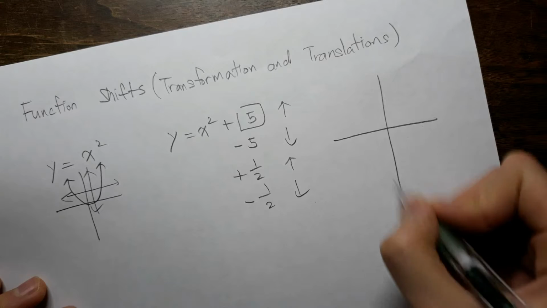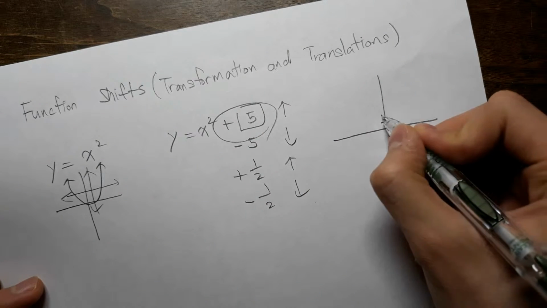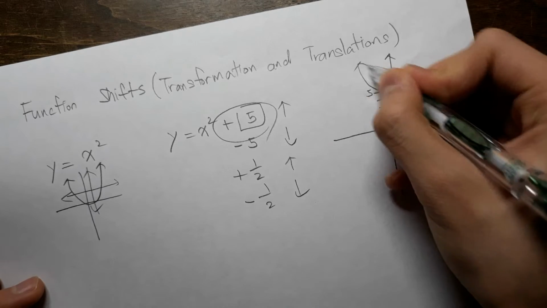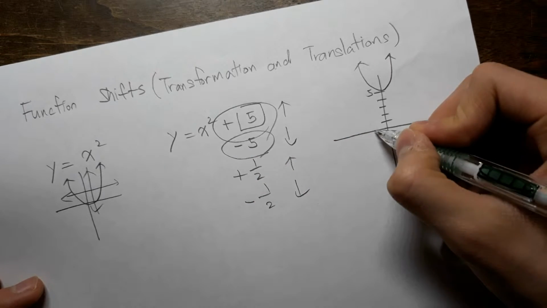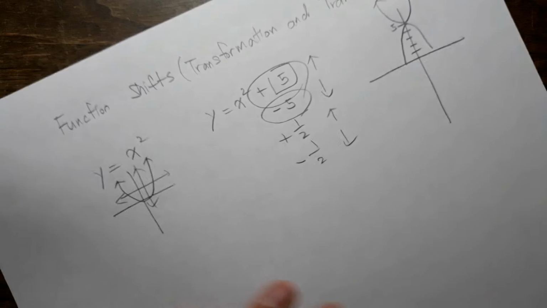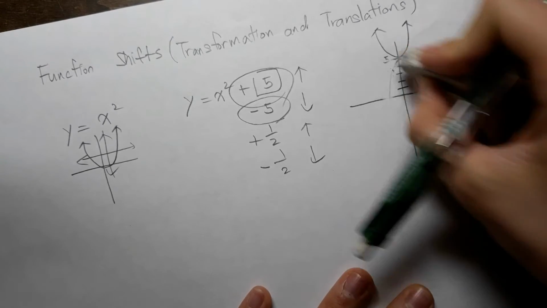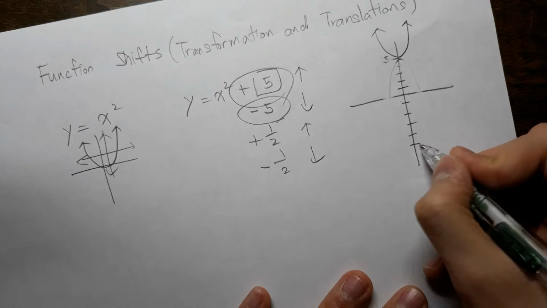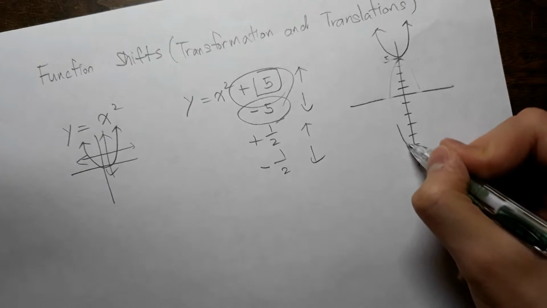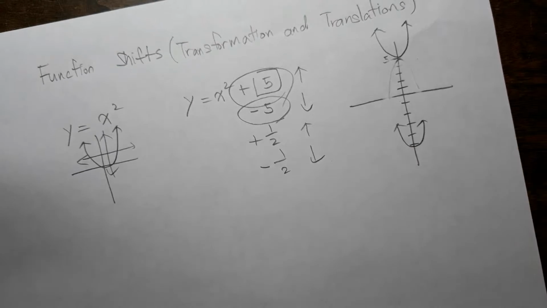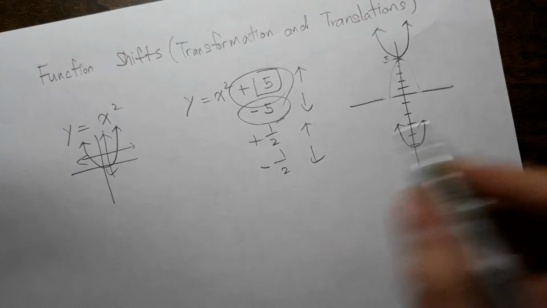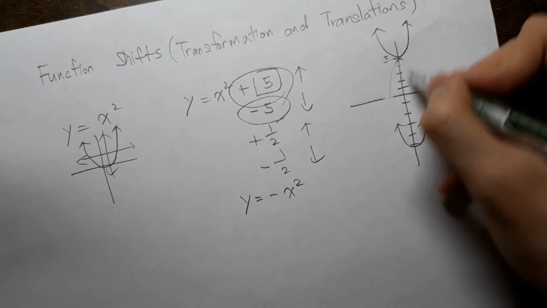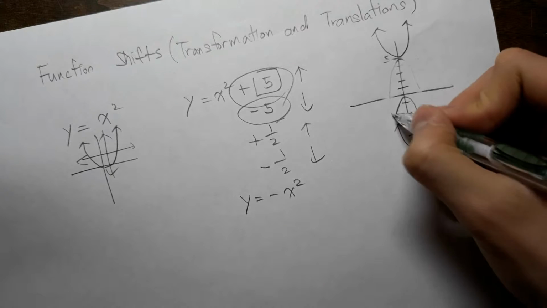So let's just say plus 5 here, it will look like this. And if it is minus 5, it will look like this. And then if there's a negative down here, it will look like this.